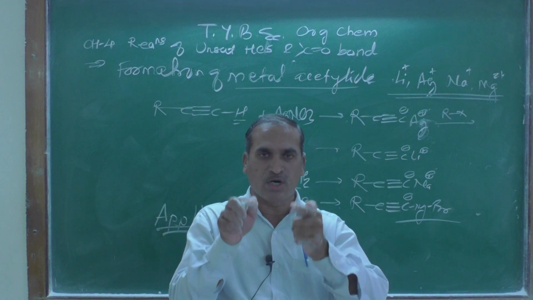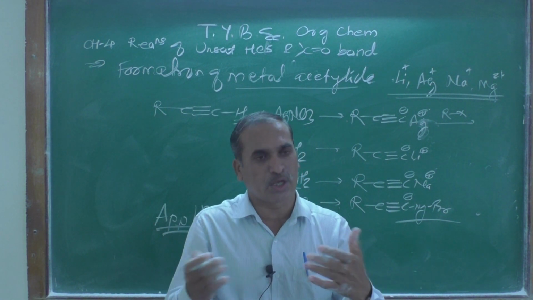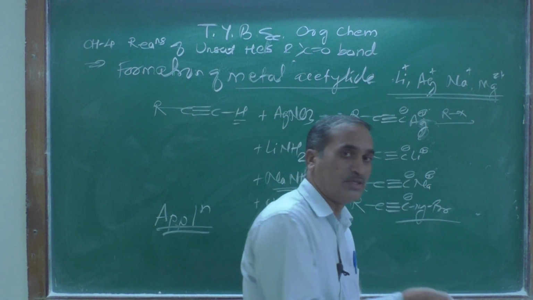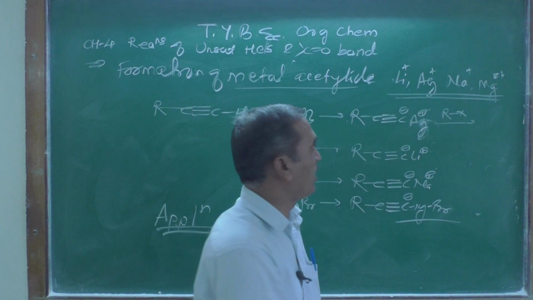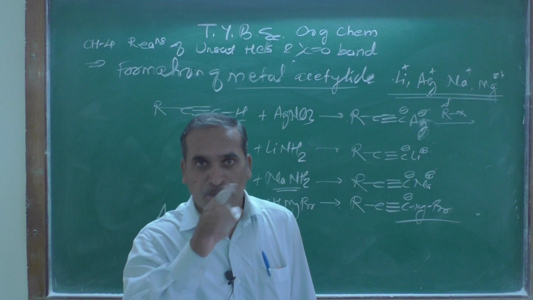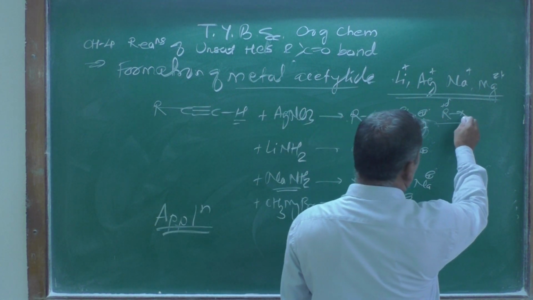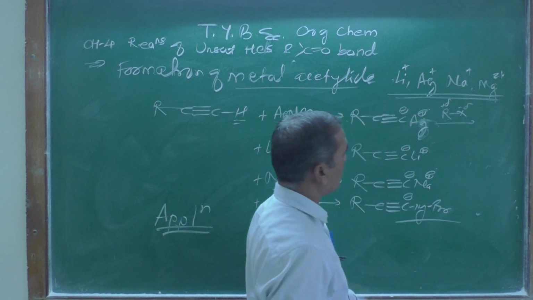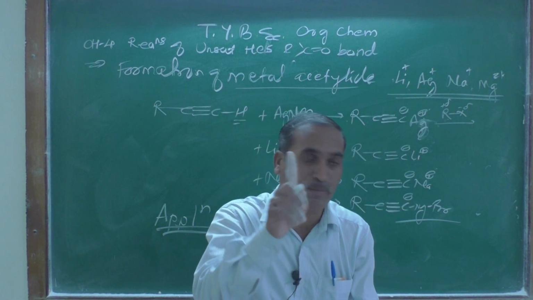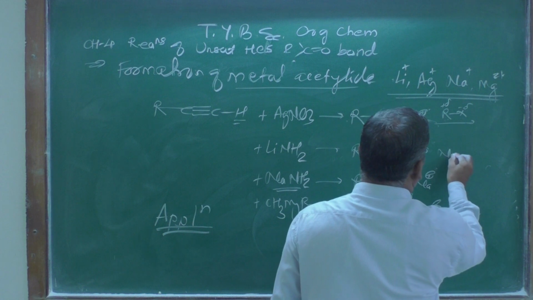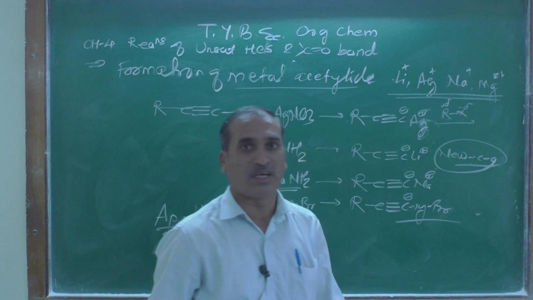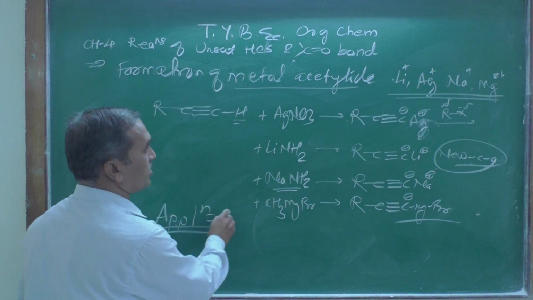Because halogen atoms are more electronegative, and that's why the molecule becomes polar. The R group gets a delta plus charge, and X gets a delta minus. Now look, here is a negative and here is a positive. There is a formation of a new carbon-carbon bond, and that is synthetically useful, and that's why it is an application.